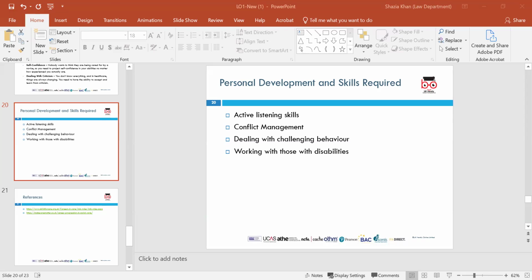This is really upsetting for everyone within the healthcare profession because you have difficult behavior and attitude, and you need to be able to work with people that have challenging behavior.